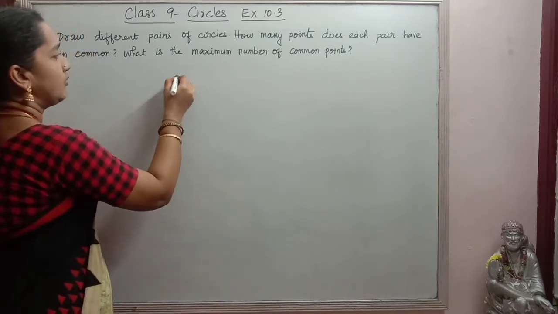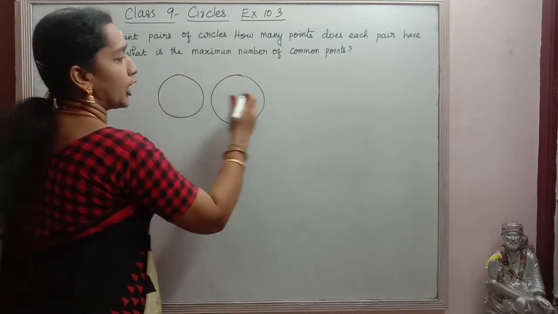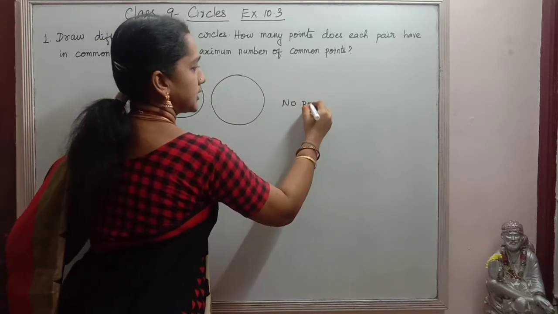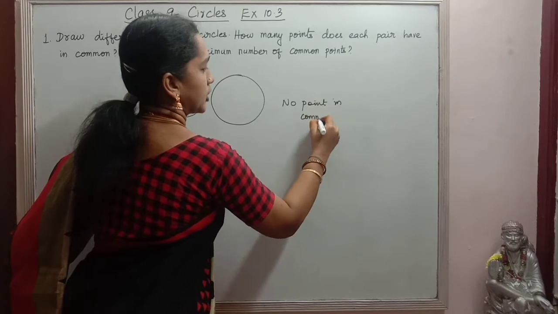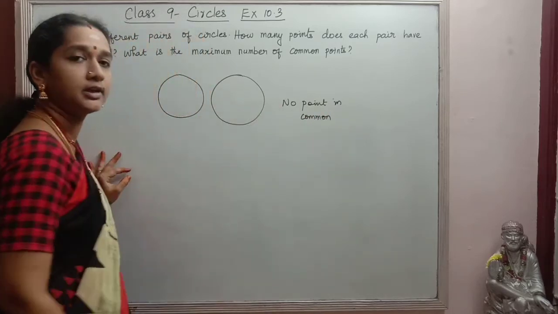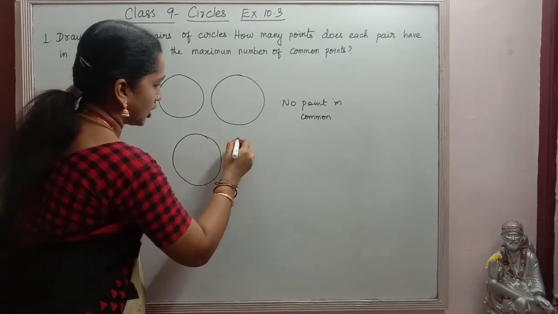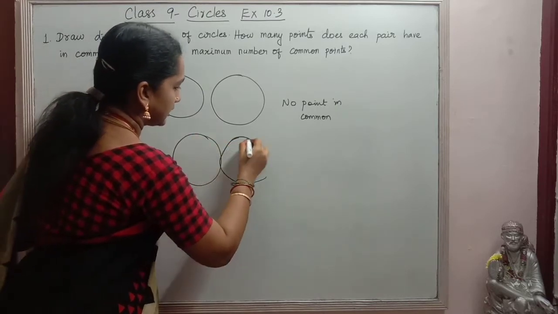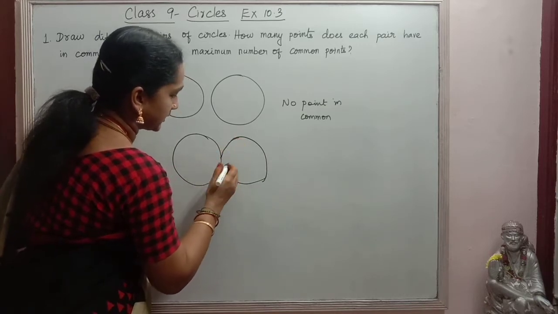So when we take 2 circles here, there is no point in common. If we draw a circle like this, there is no point in common. Then, if we draw another circle here, we will get 1 point of the circle in common.